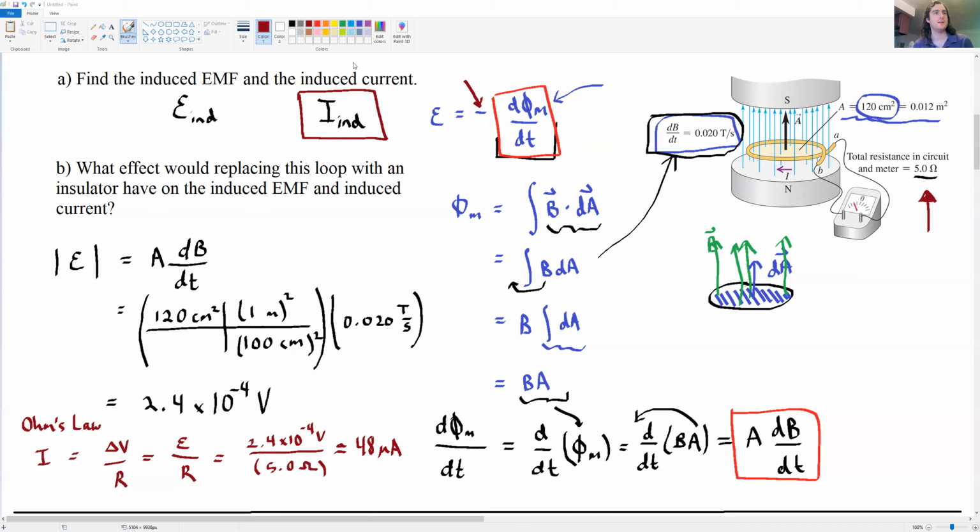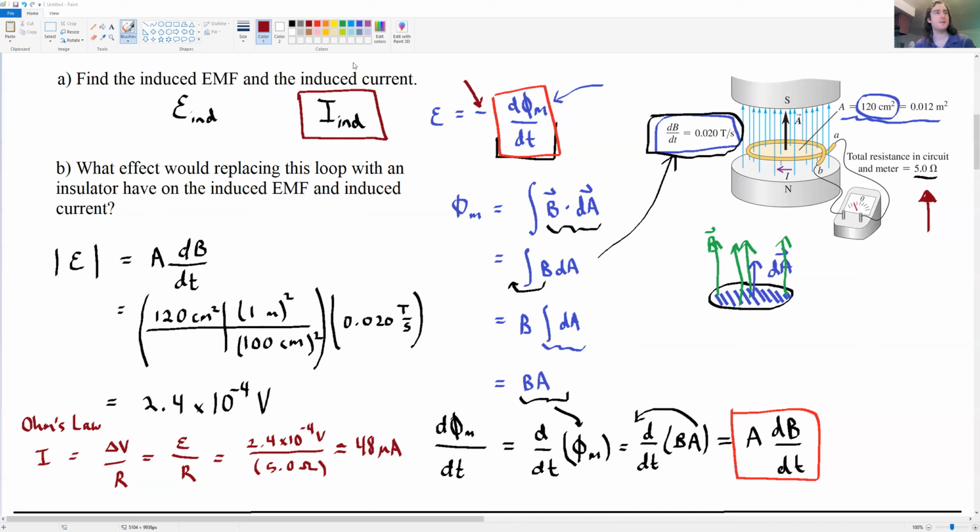Is an insulator going to change how the magnetic field is changing? We have 3 no's in the chat, and I'd like to see some more people give their input. Okay, so I think the general consensus is no.